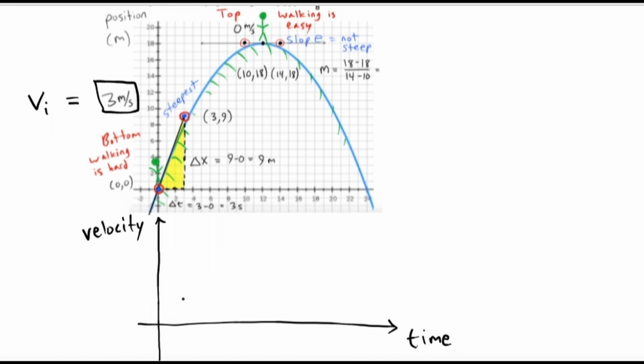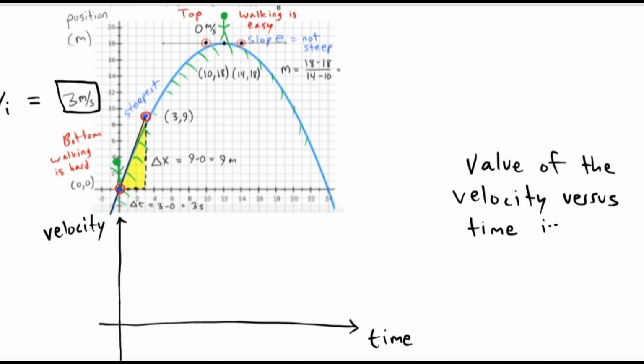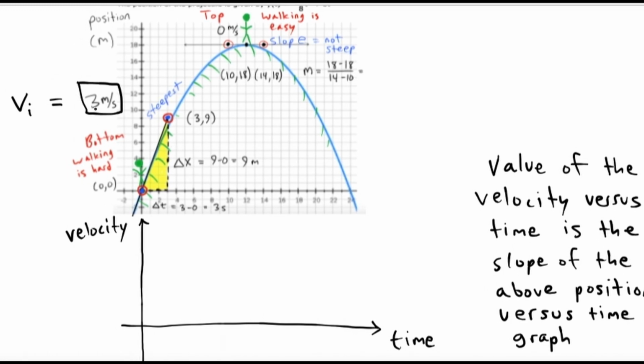So when you go down below, the value of the velocity versus time graph is the slope of the above position versus time graph. So if the slope here is 3 meters per second, then my initial value of the velocity needs to be 3 meters per second.